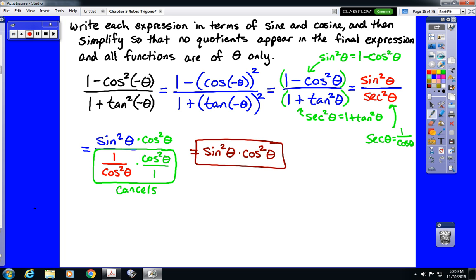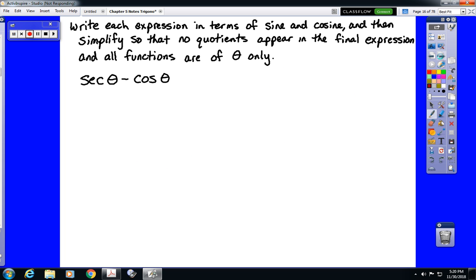All right, next up, again, we're doing a lot of examples. Secant minus cosine. I know what you're thinking, that's not that bad. Why mess with it? Well, because we can combine those two terms into one term if we do it the right way. So we need to change everything into terms of sine and cosine. So secant is 1 over cosine, which means we're going to rewrite this as a pair of fractions. 1 over cosine.